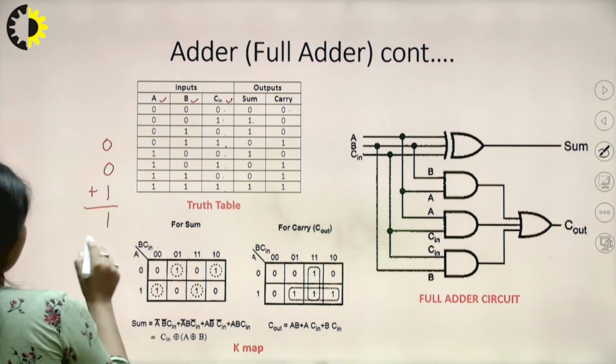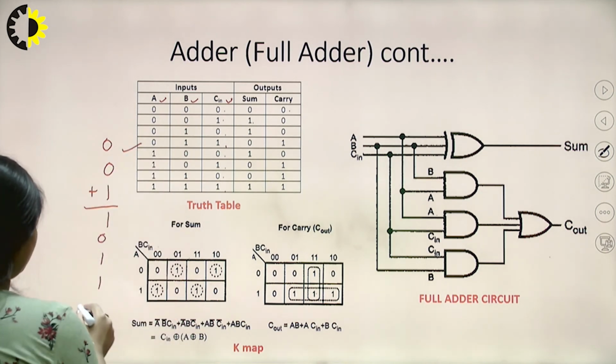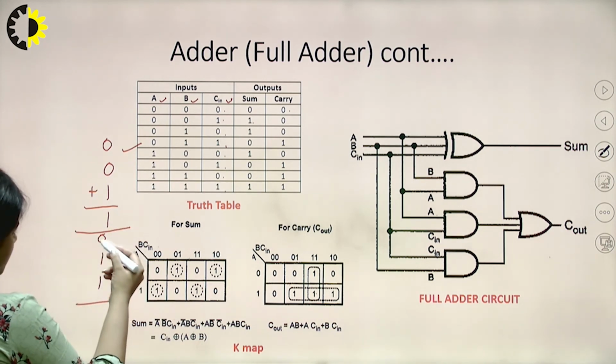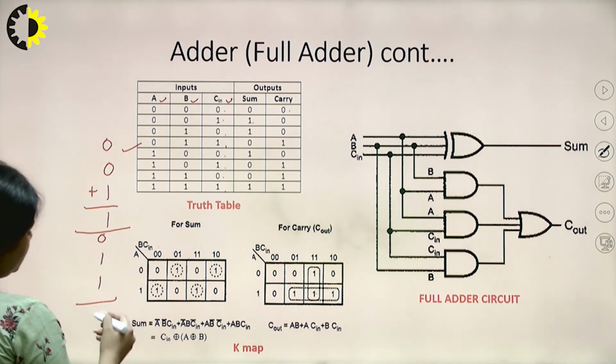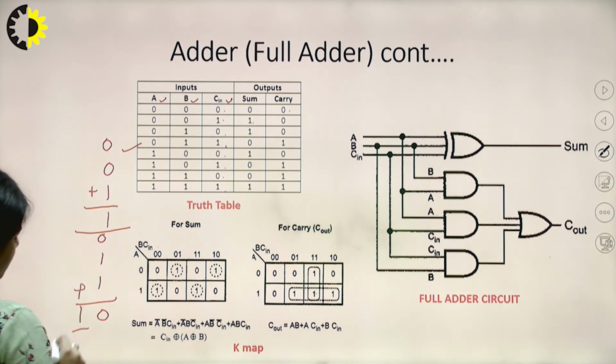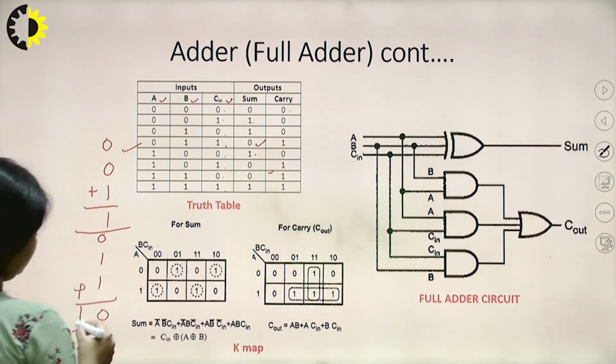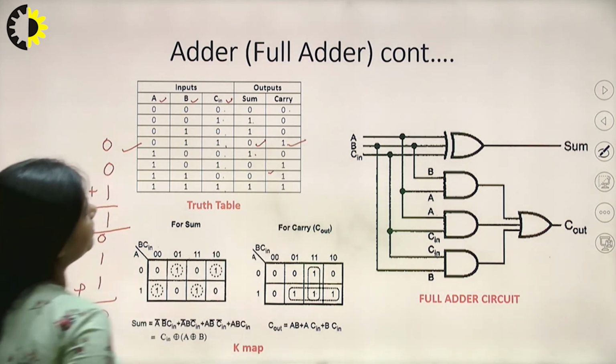But for 0 1 1, the sum is 0 and the carry is 1, so we write 0 in sum and this carry goes into the carry part.